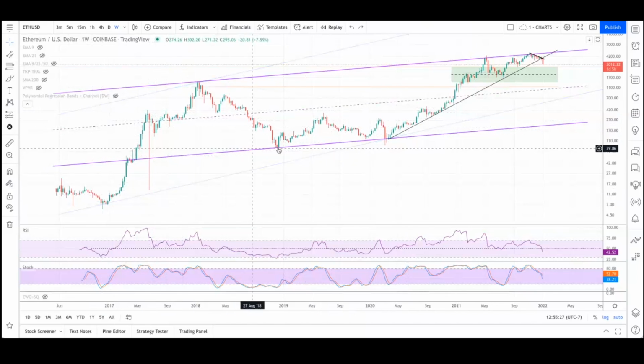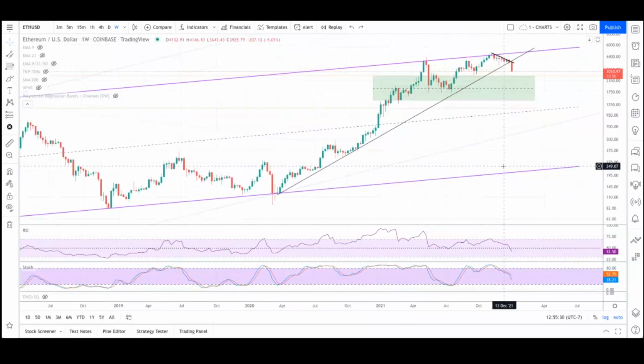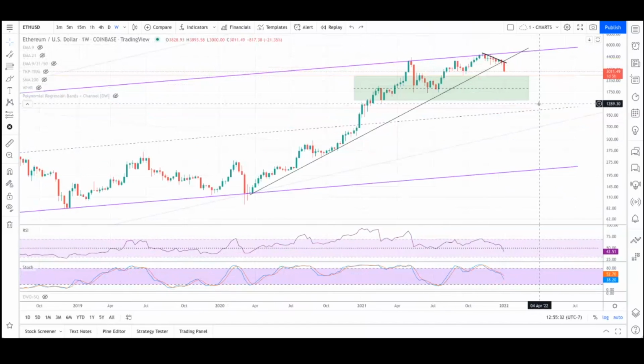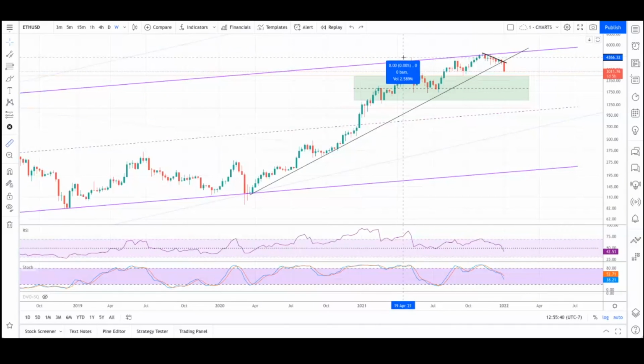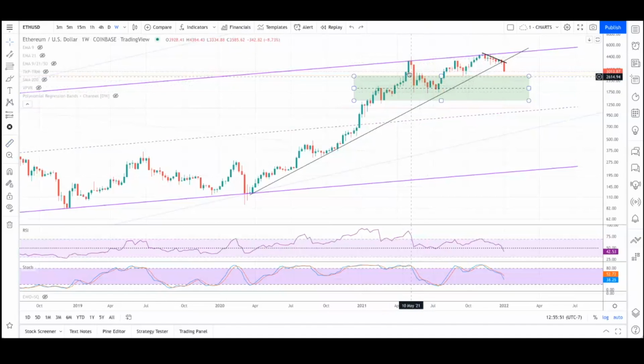But this is the primary channel Ethereum is in. And as you can see from the high, it hit another high before it dumped. And last time it hit the high, we dumped the better part of 60%. I mean, wow, what a dump, right? It's a pretty big move.